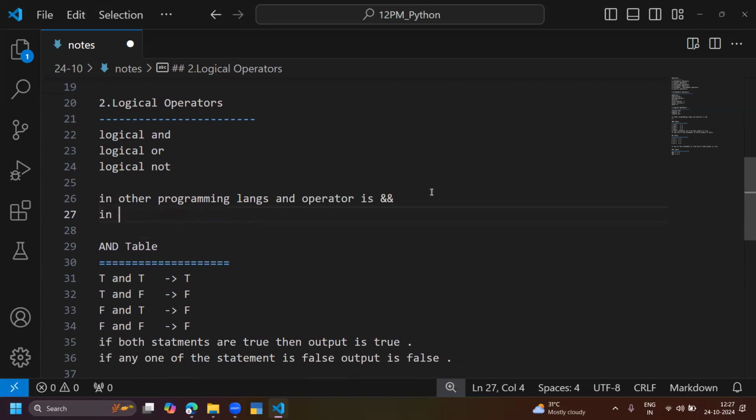But in Python, the AND operator is "and" only.